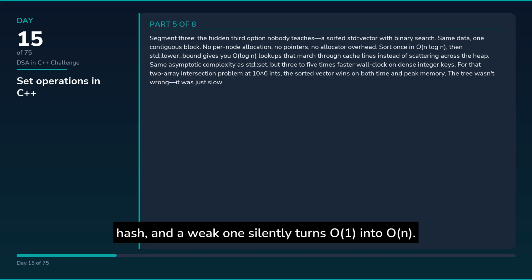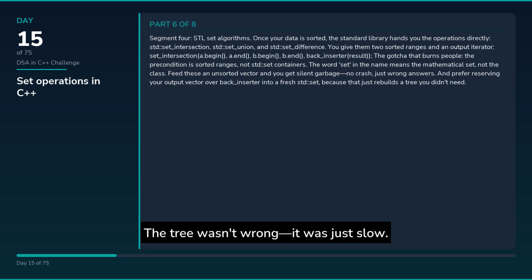Same asymptotic complexity as std::set, but 3 to 5 times faster wall clock on dense integer keys. For that 2-array intersection problem at 10 to the power of 6 ints, the sorted vector wins on both time and peak memory. The tree wasn't wrong, it was just slow.